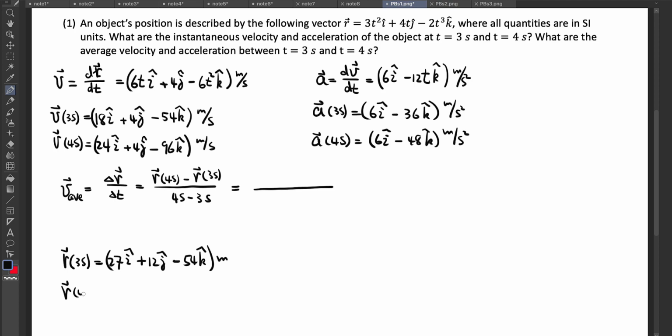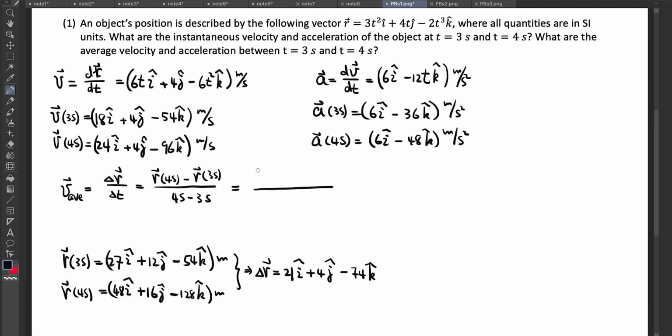Now r at 4 seconds equals 48 i hat plus 16 j hat minus 128 k hat in meters. Okay, so I can do the subtraction here. Delta r is this minus that, so we get 21 i hat plus 4 j hat minus 74 k hat. Okay, so let's copy this here.